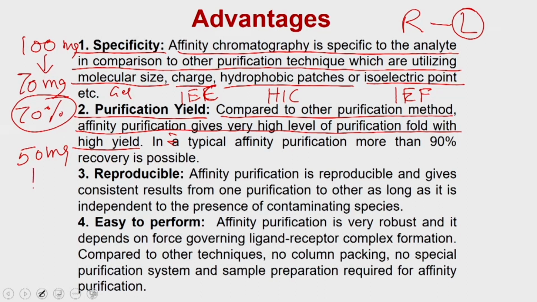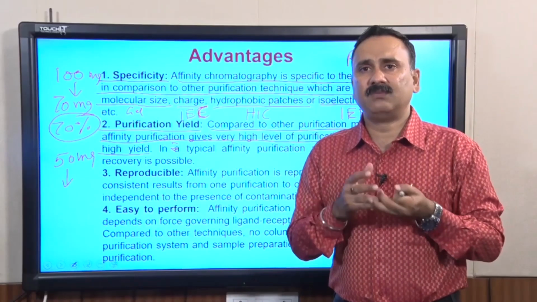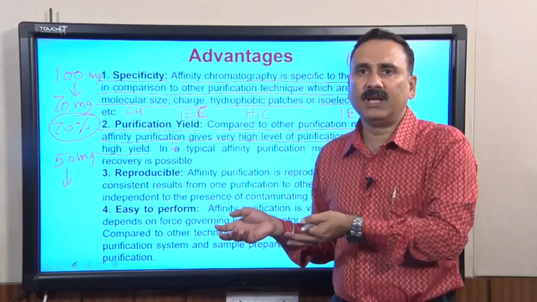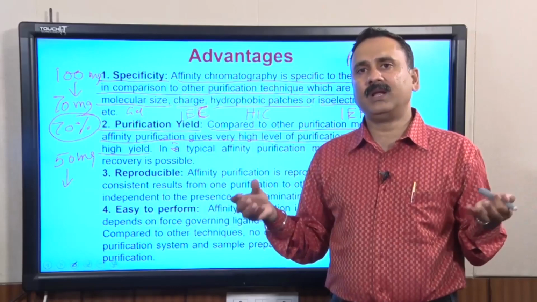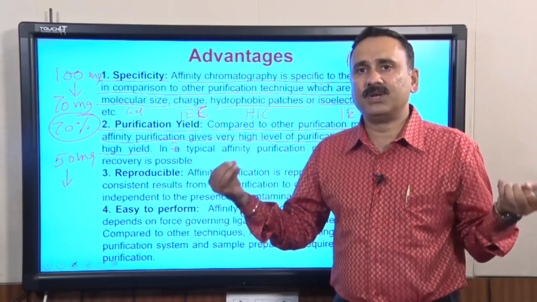Now, this 50 mg of protein you have loaded onto the hydrophobic interaction chromatography. Out of this 50 mg, suppose again you got a similar kind of pattern, you got 5 or 6 fractions where your protein of interest is more compared to all other proteins, then you will take those fractions, but you will discard all other fractions where your protein is less but the impurities are more.